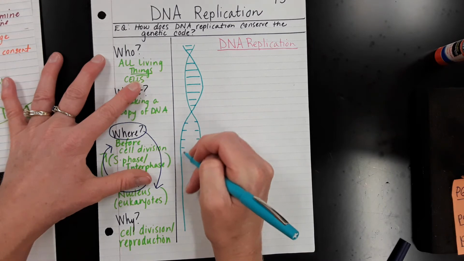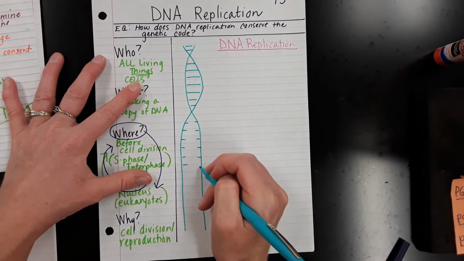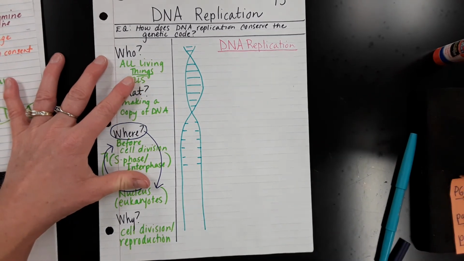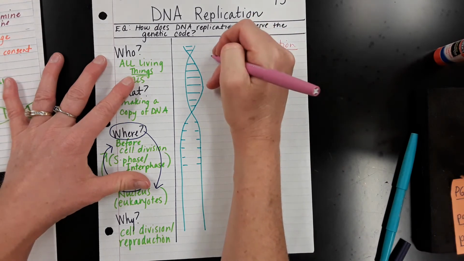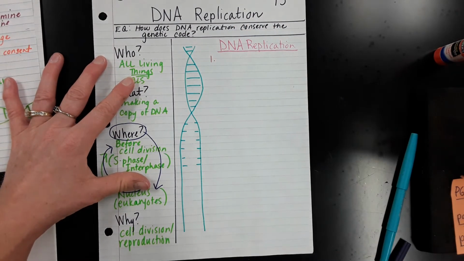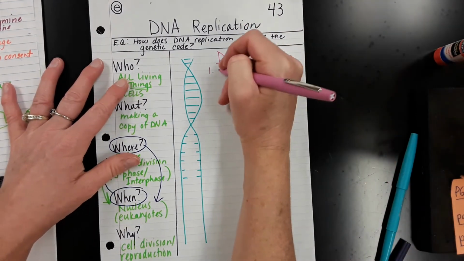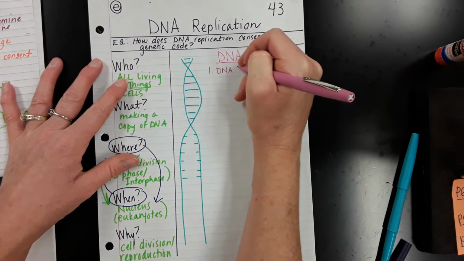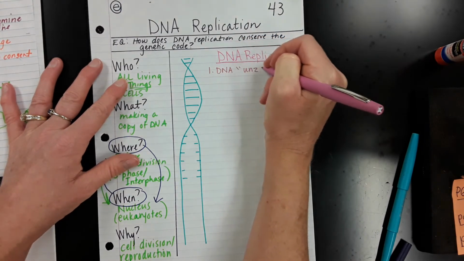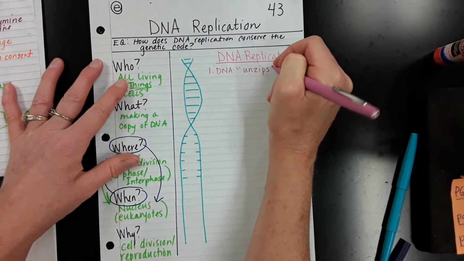And the way this process works is the DNA is going to unzip. So the first step in the process is the DNA unzips, and that means it separates, it breaks apart.